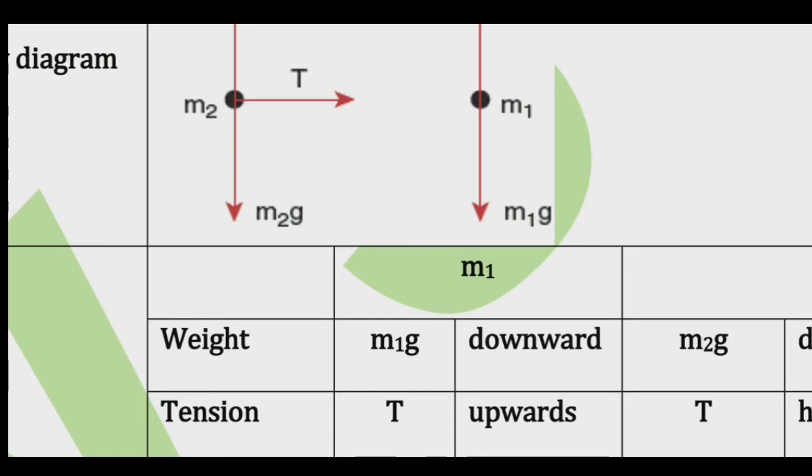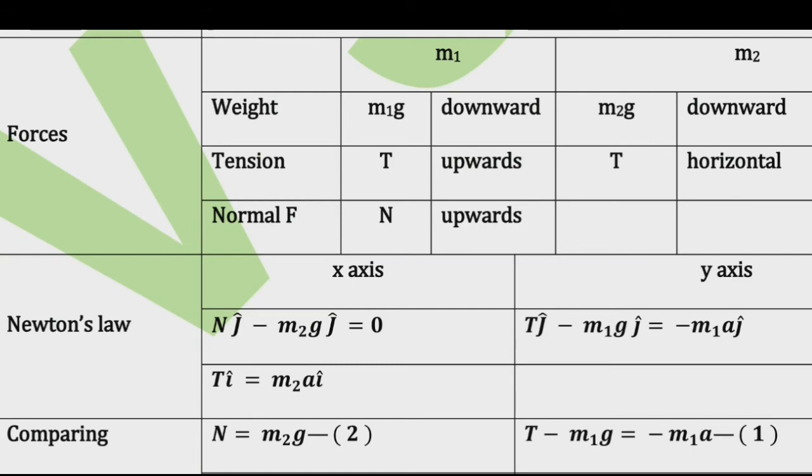Applying Newton's second law for mass M1, we get the equation T j cap minus M1g j cap is equal to minus M1a j cap along the y direction.